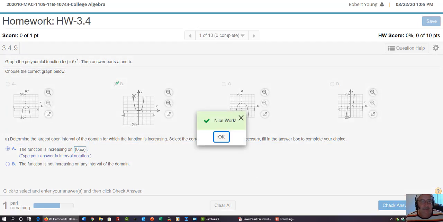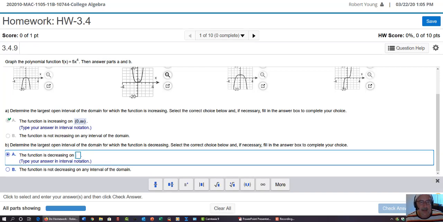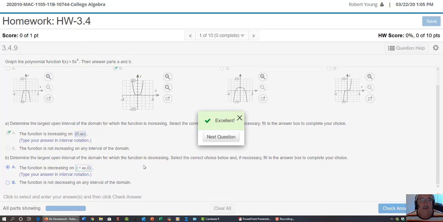All right, good. And then decreasing, it would be from negative infinity to 0. So we kind of talked about that on the early lesson there. So I'm just going to have to flip this around. Negative infinity to 0, and that will be the first answer.